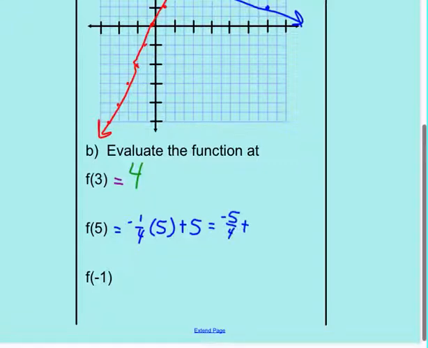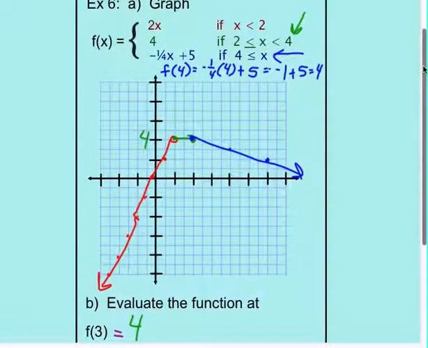I'm going to convert this to a fraction by multiplying by 4 over 4 to get a common denominator, for a total of 15/4. If you want to convert that to a mixed number, because we're kind of looking at the graph as well, that's fine. But at this point, all you've been asked to do is evaluate.